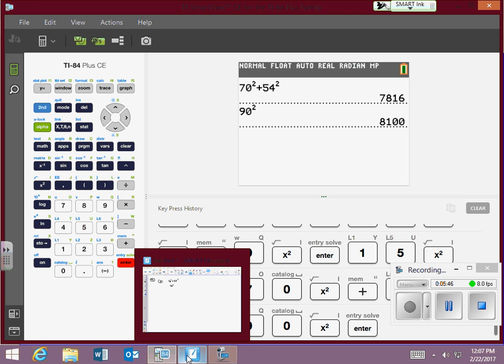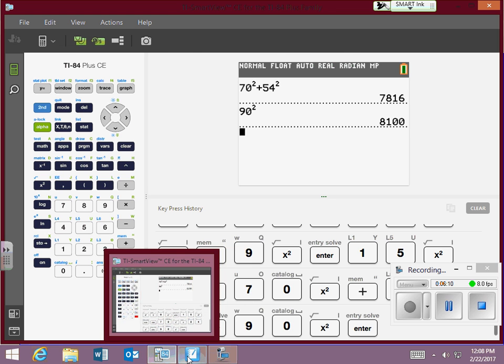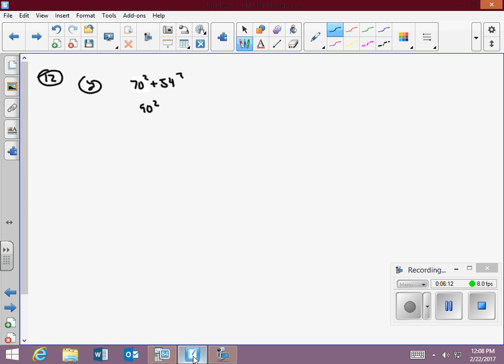Now, what it indicates to you is, because 8100 is larger than the 7800, then the longer side creates, let's see, an obtuse triangle.